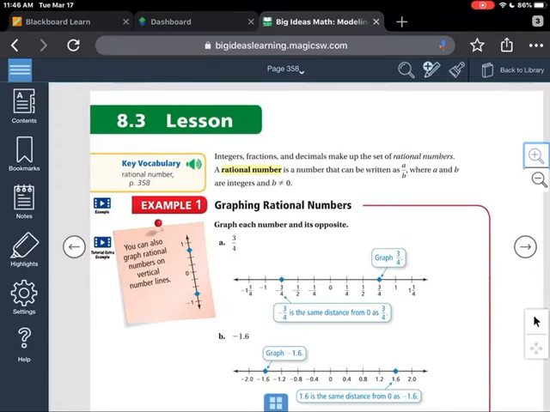So you'll start to notice that the opposites are the same distance from 0. That's what I'm trying to get at. We have negative 1/4, negative 1/2, negative 3/4, and negative 1.